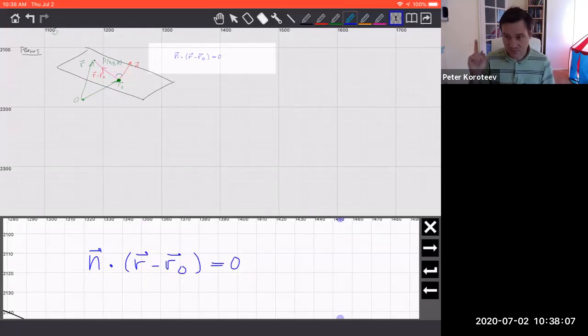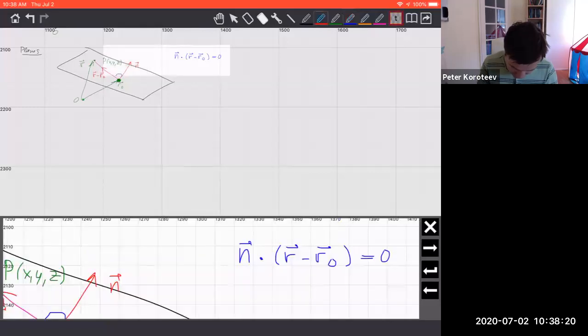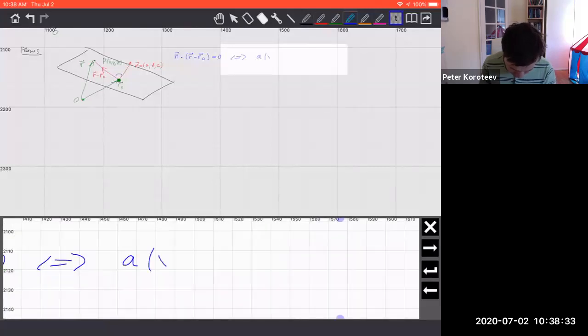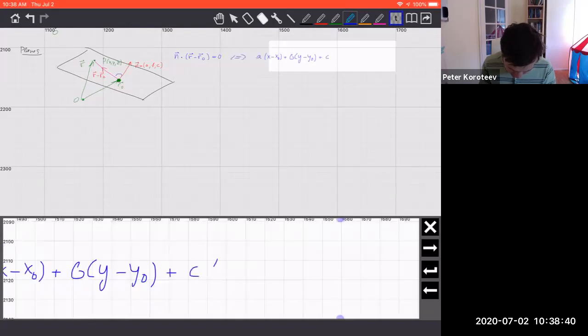And that's it, there's one equation, because the dot product is a scalar quantity that gives you one equation. If the normal vector has components A, B, and C, then you can rewrite this as A(x minus x0) plus B(y minus y0) plus C(z minus z0) is 0.